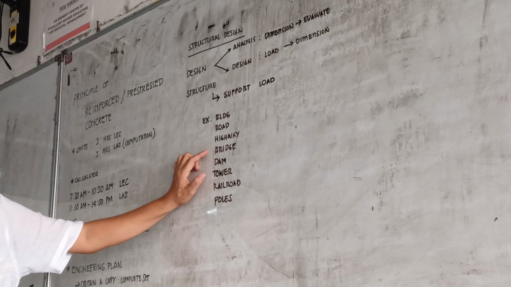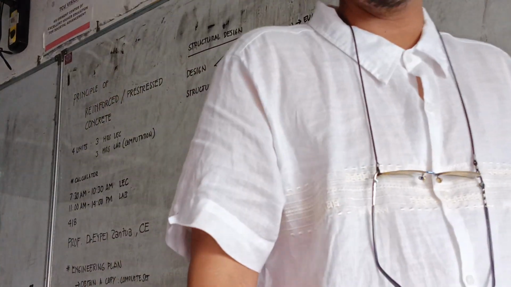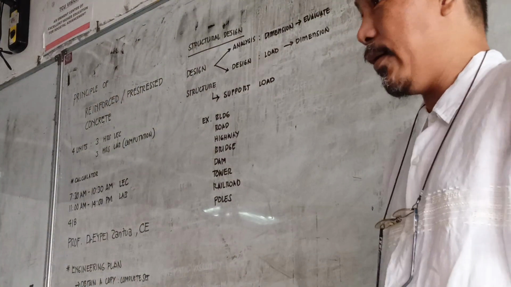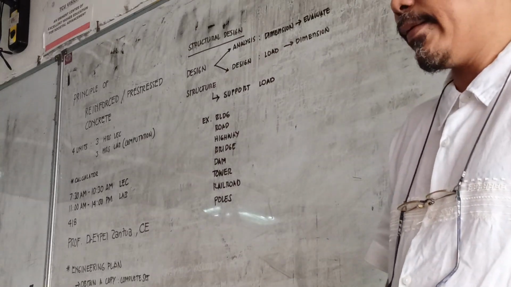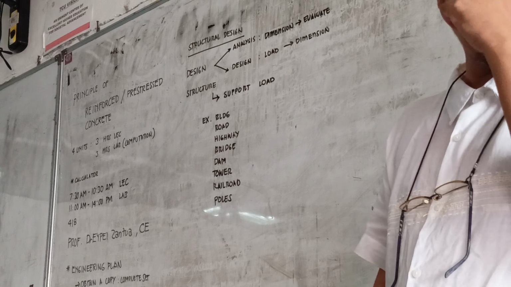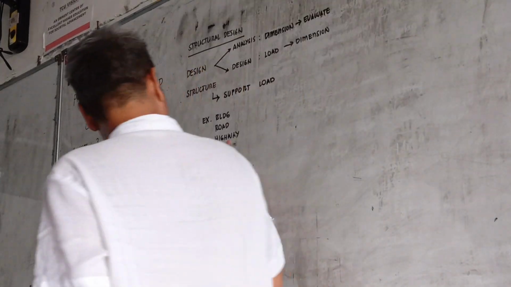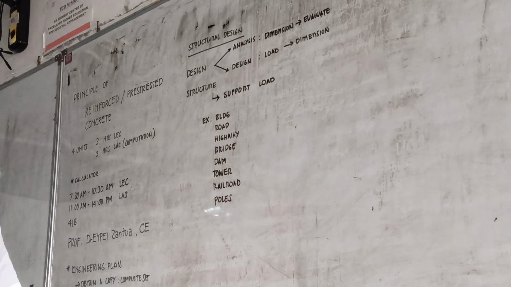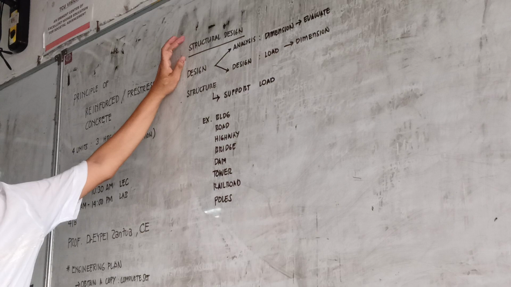I think it's a small bridge. Even a bridge only for people, we already call that a bridge. Just like in Bigotan, we have a bridge for people, that is an overpass. That also needs structural design.